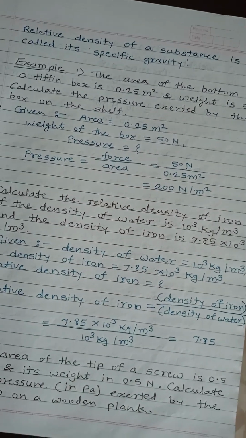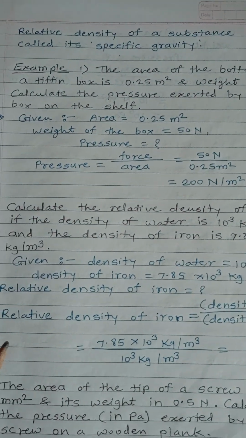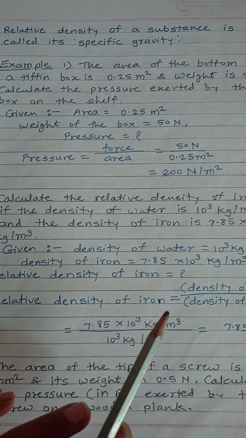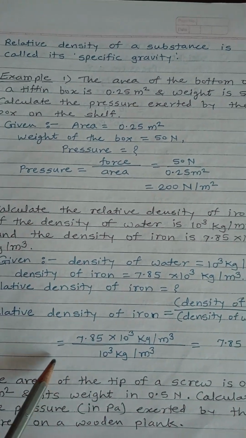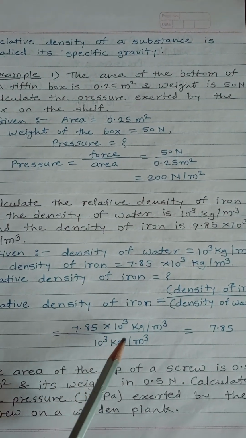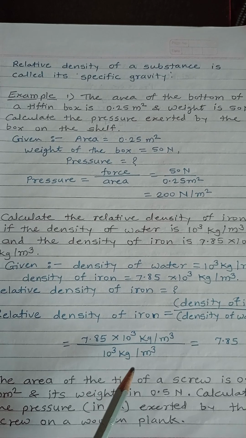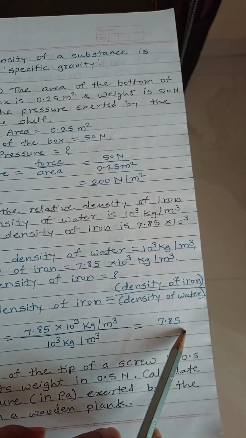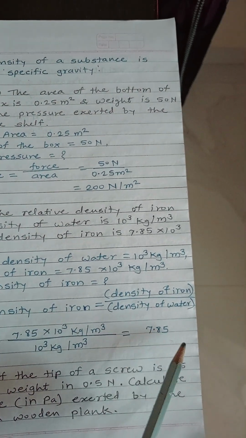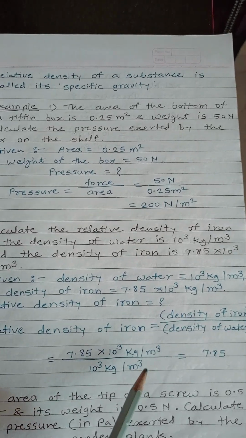We need relative density of iron. The formula is density of iron upon density of water, that is 7.85 into 10 raised to 3 kilogram per m cube upon 10 raised to 3 kilogram per meter cube. What is the answer? 7.85. There is no unit because kilogram per m cube cancels.